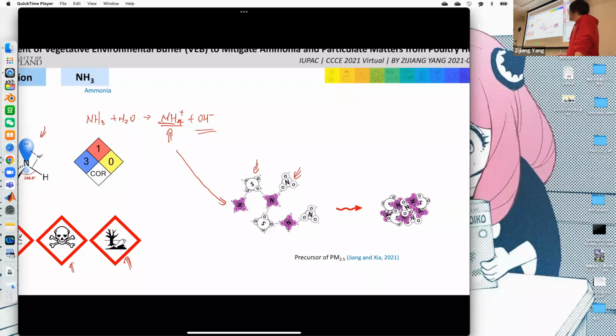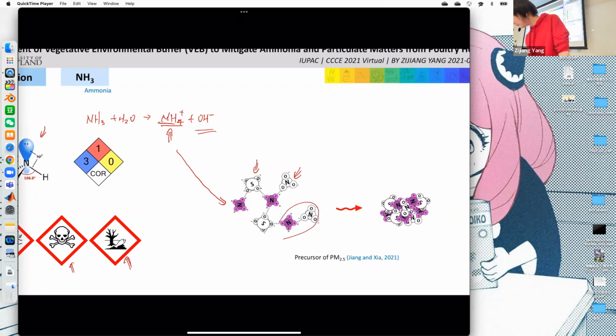When we have the neutralization reaction, finally we will have a salt that consists of ammonium and sulfate and nitrate. Then this is a crystal solid, and it can become larger and larger, and finally it will form PM2.5.